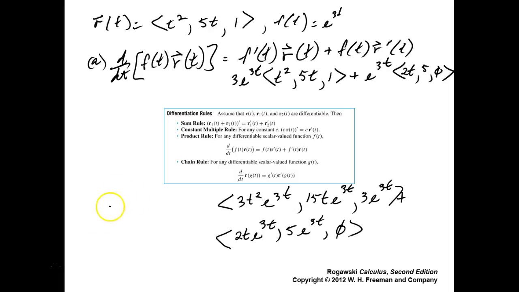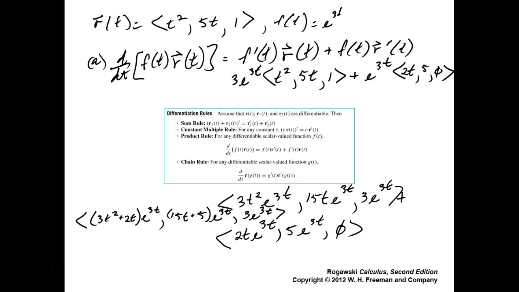Then you can add those two together and get, it looks a little strange, but it's doable, 3t squared plus 2t, e to the 3t, comma, 15t plus 5, e to the 3t, comma, 3e to the 3t. Sorry, they sort of cross up on each other, but now, is that the only way you can write it?